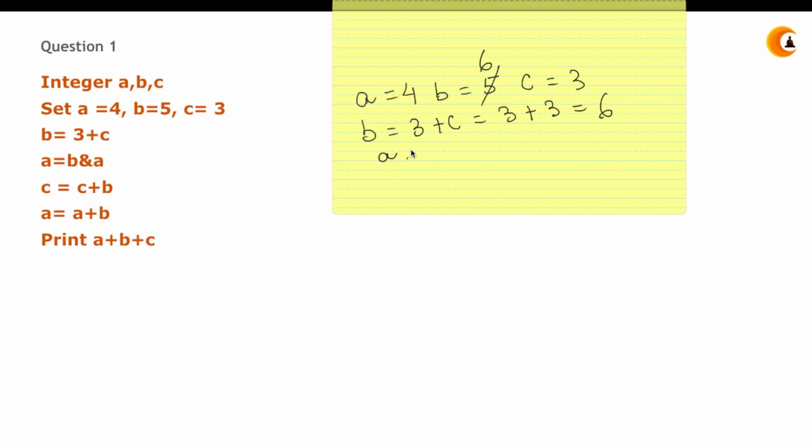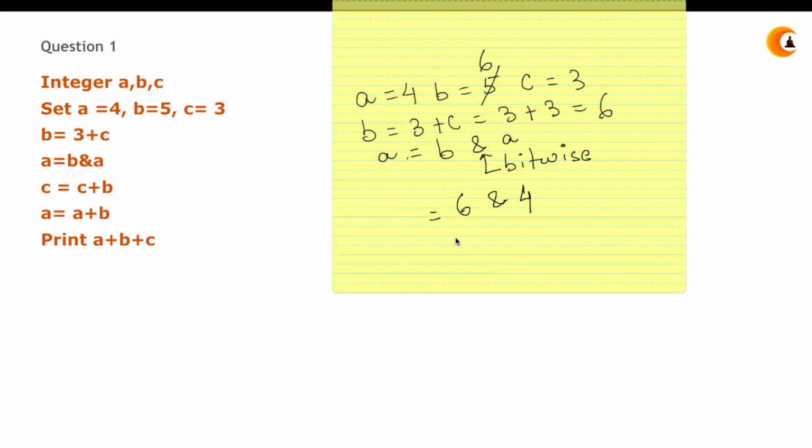Then it says a is equal to b AND a. Now this is a bitwise operator, right? So what is the value of b? It is 6. Bitwise AND, and what is the value of a? A is still 4. So that means we have to find the binary.